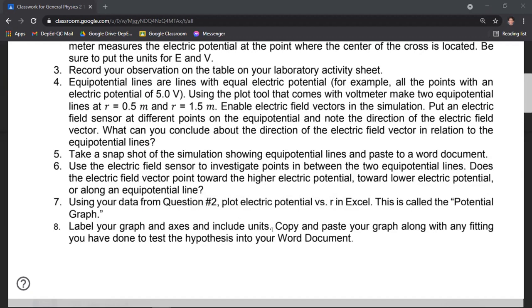Using your data from question number 2, plot the electric potential versus the distance in an Excel file. This will be called the potential graph. Then label your graph axes and include units. Copy and paste your graph, along with any fitting you have done to test the hypothesis, into your Word document.